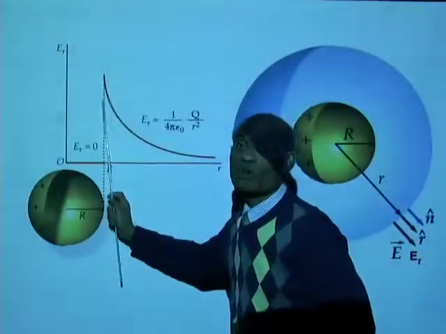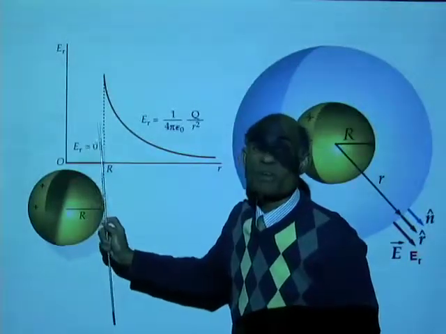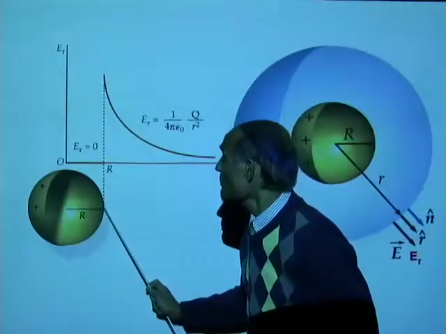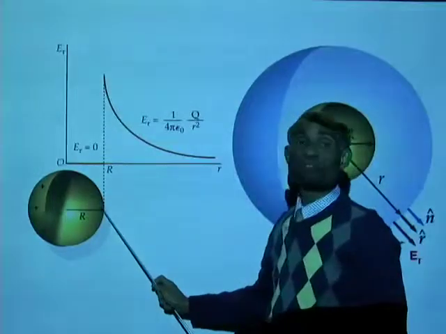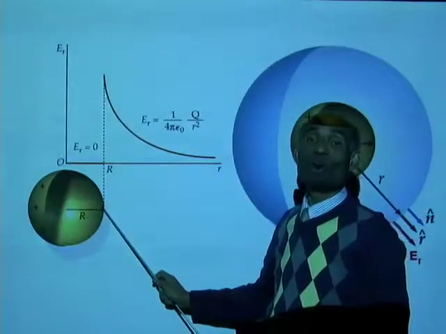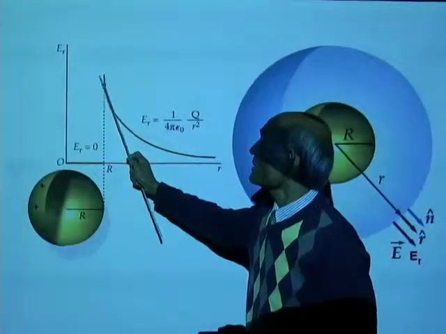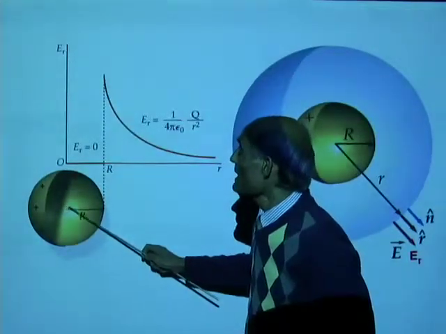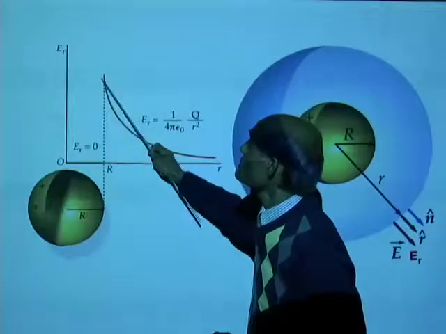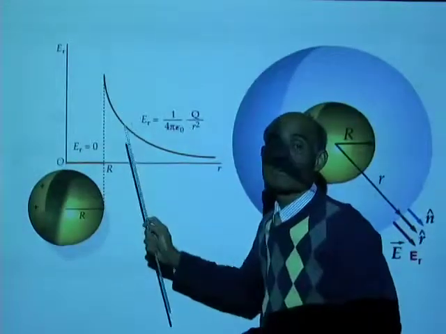So if you look at this, where is the electric field maximum? The electric field is maximum at the surface, at any point on the surface of the shell. That's where you get the maximum electric field. Now, anywhere inside, there is no electric field.